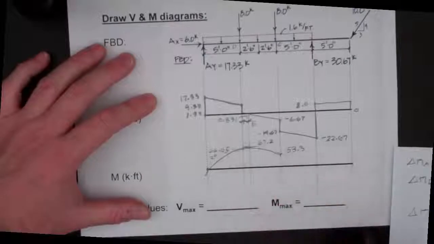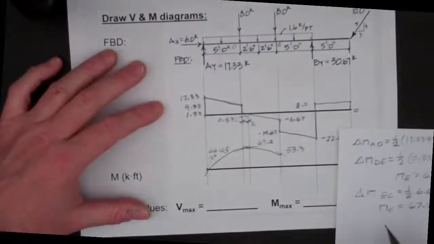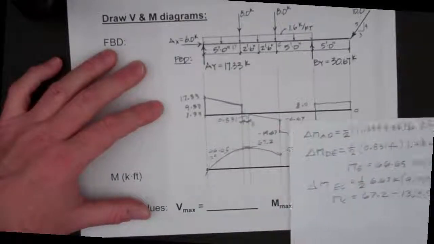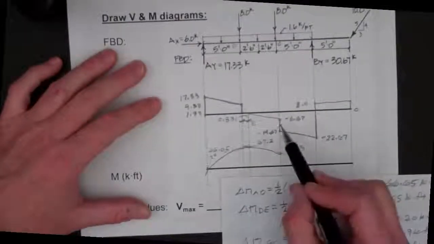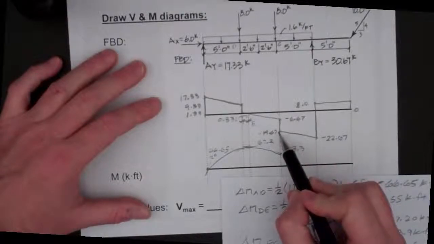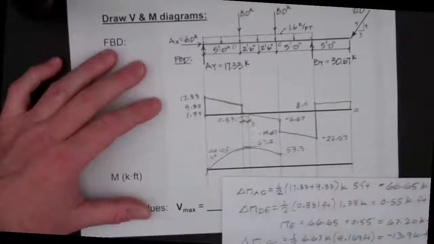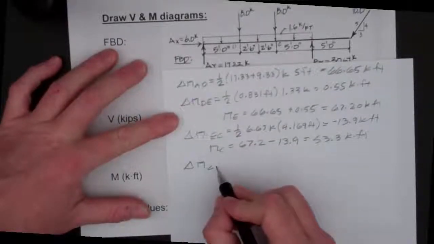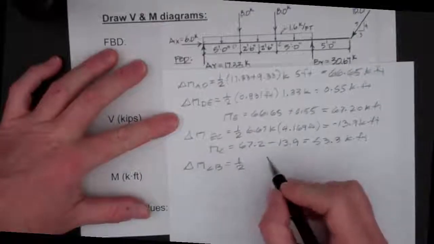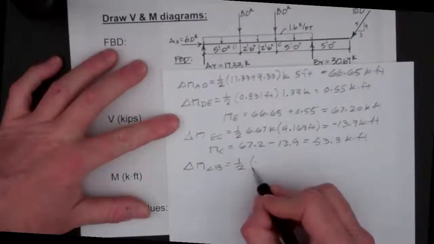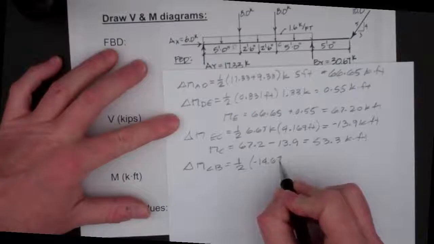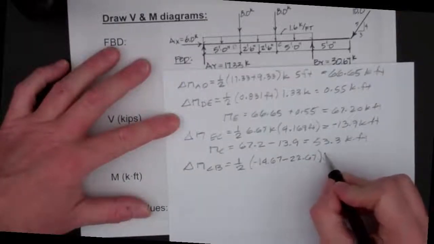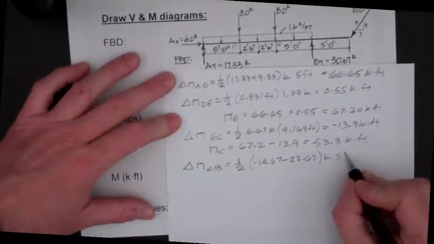And next we're going to find the area from point C to B, which is also a trapezoid. So we will find the change in moment here. It's a trapezoid, so the change in moment from C to B is going to be 1/2 times the parallel sides, like we did before, which is negative 14.67 plus a negative 22.67, times the distance between them at 5 feet.